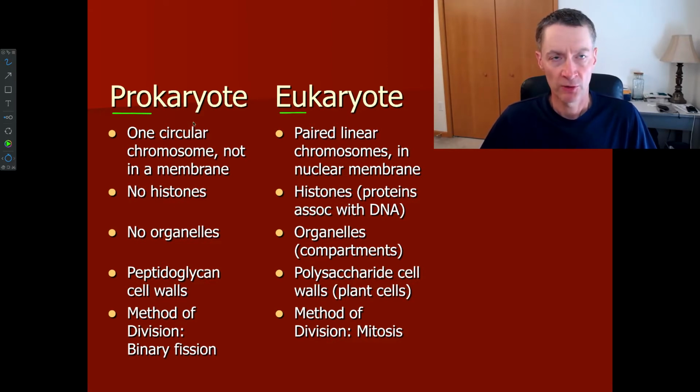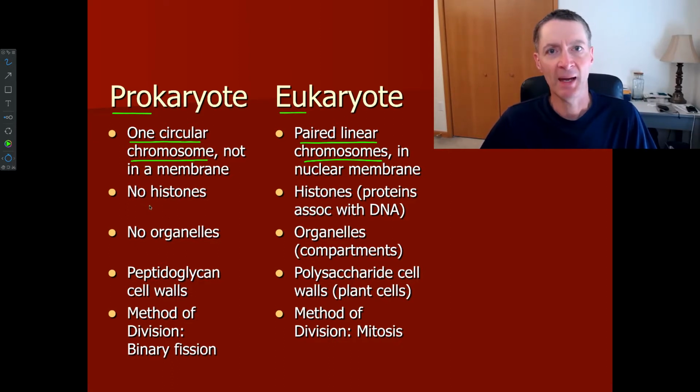Another thing we noticed is that there is a nucleoid, which is really one circular chromosome. It's not within a membrane, versus a paired set of linear chromosomes that you'd find inside of a nucleus with eukaryotes. Now, not all eukaryotes are going to have the same number or size of these linear chromosomes, but they are typically linear.